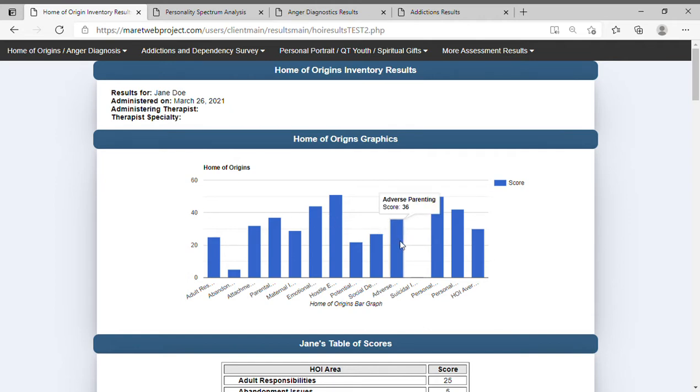So even this abandonment score down here of 5, it's very low, but there might be some issues from it. This one here, potential abuse, 22. There's a potential there that there's something going on. So it doesn't have to be a high score. Any score in any area is enough to cause a problem in a person's life.